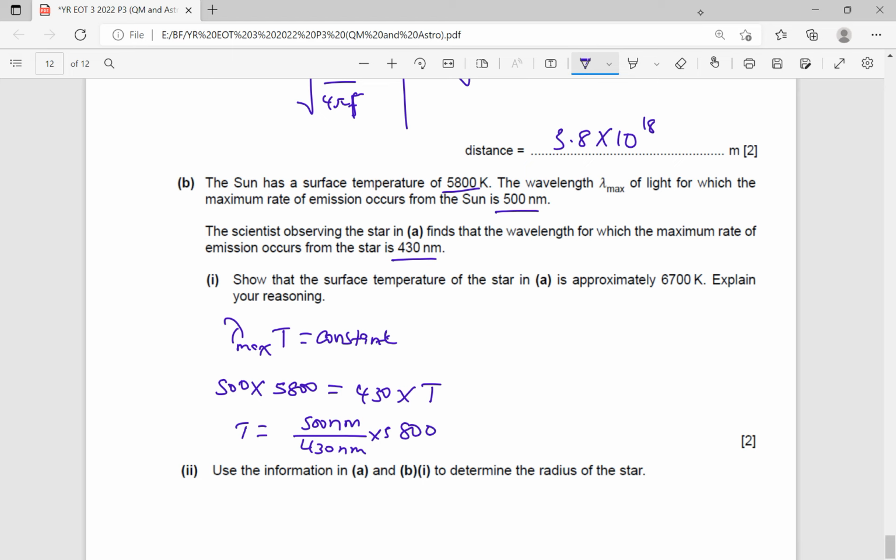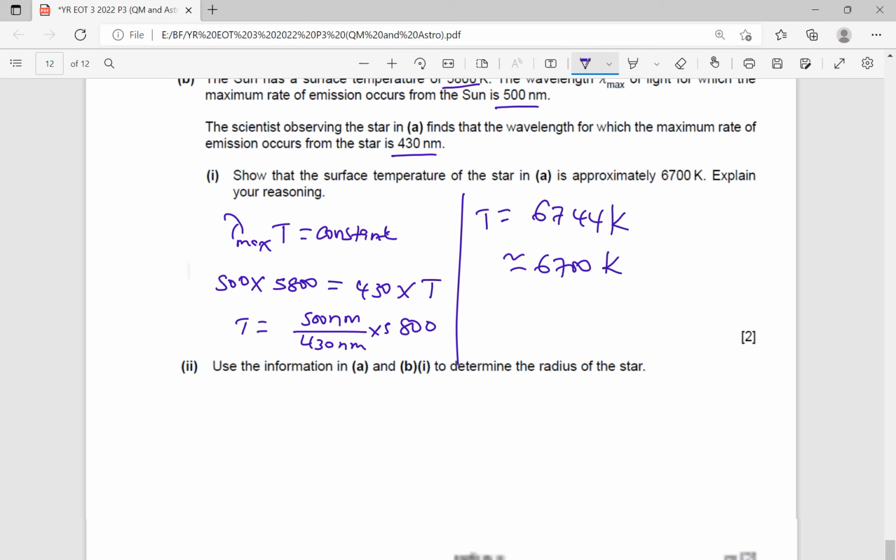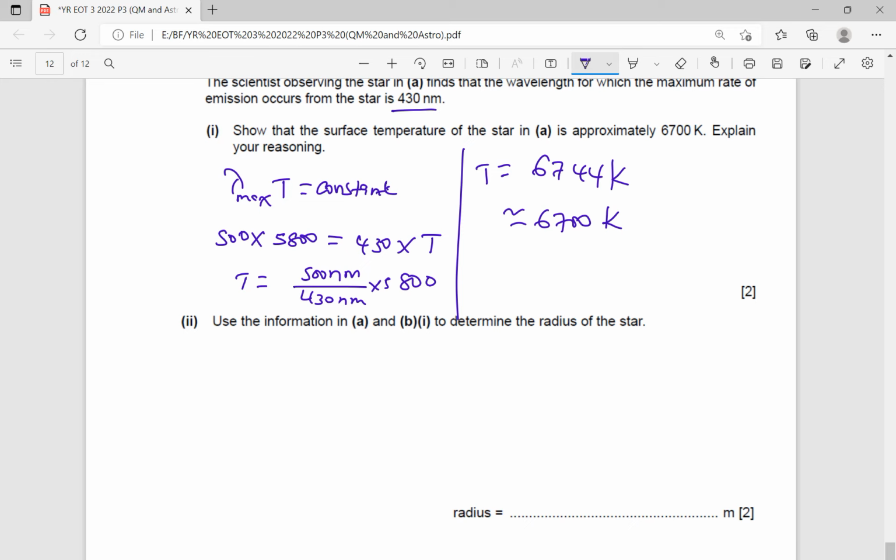When I press my calculator, 500 divided by 430 times 5800, this is giving me T as 6,744, which is approximately 6,700 Kelvin as required. And lastly, use the information in A and B Roman 1 to determine the radius of the star.